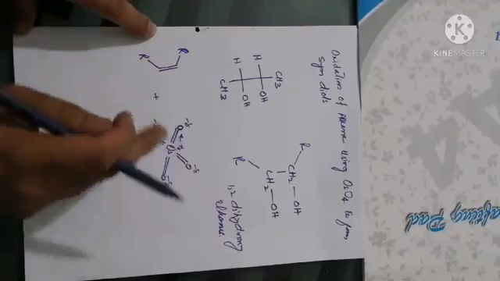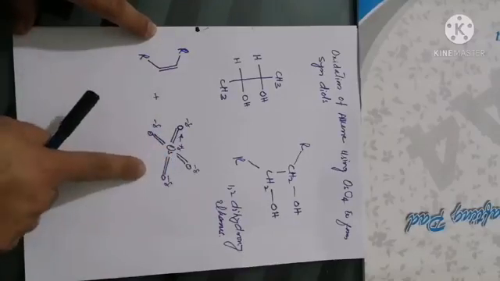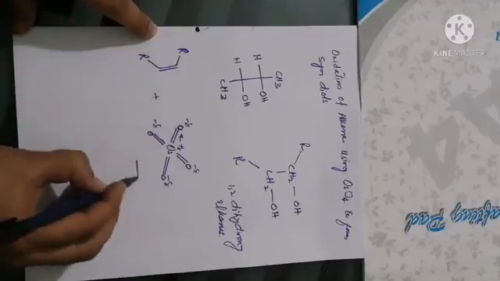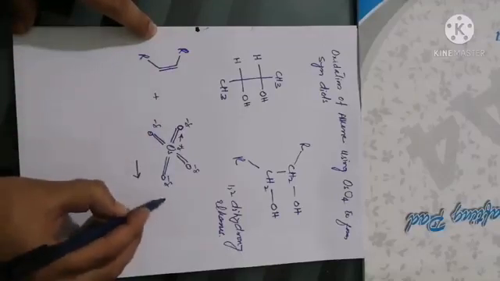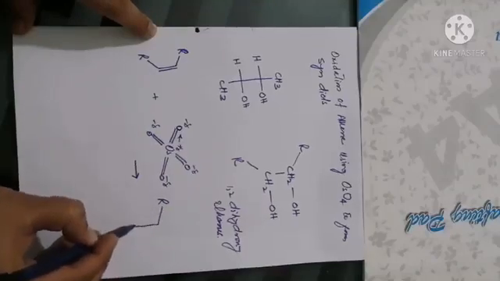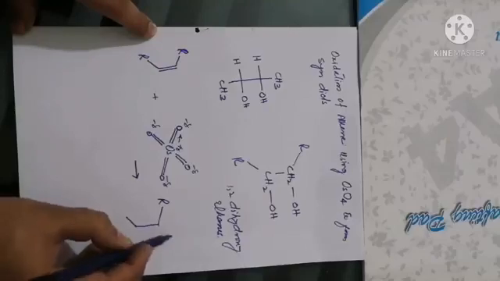So when osmium tetraoxide reacts with an alkene, what is the product? The product is a syn-diol.